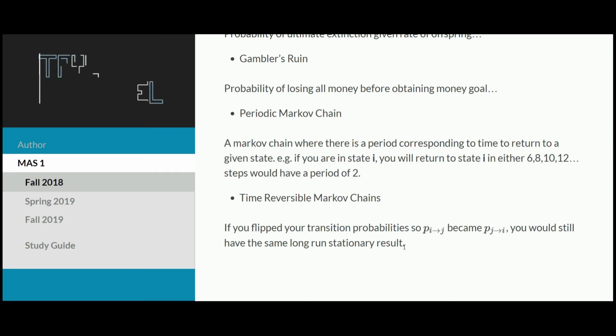It doesn't change the long-term expected value of probability in each state, whether you look forward or backward in time.